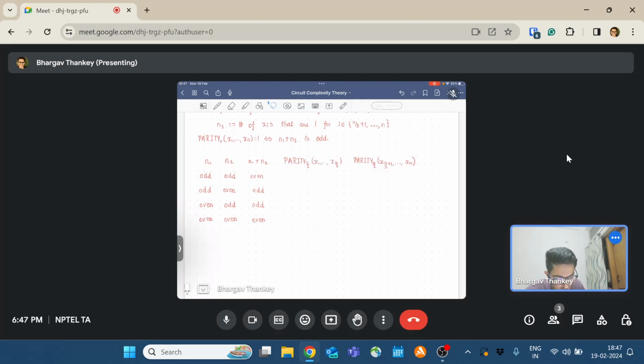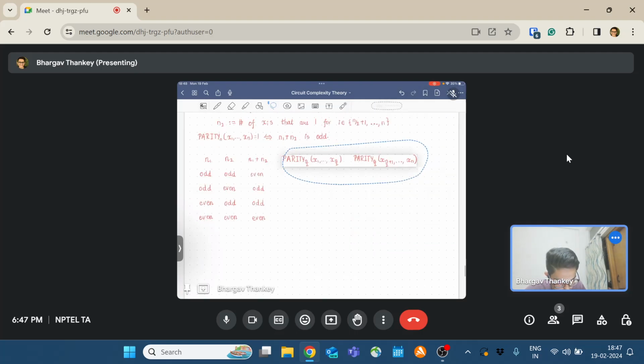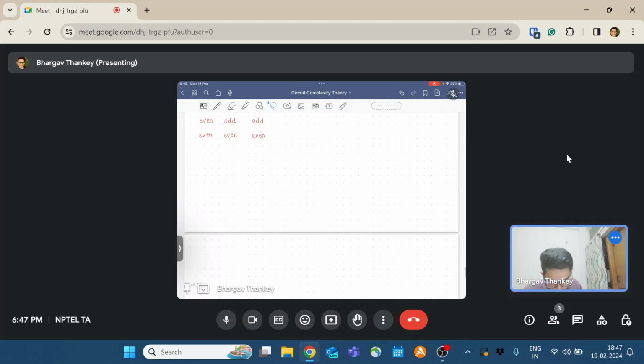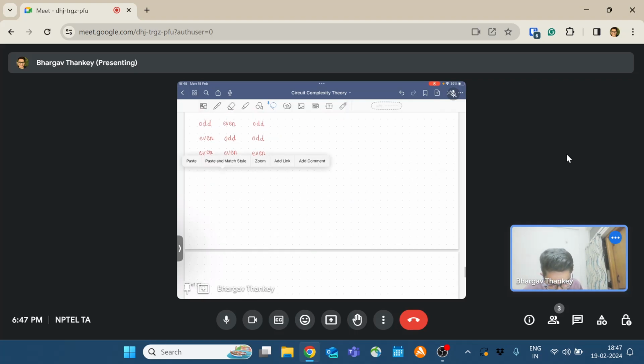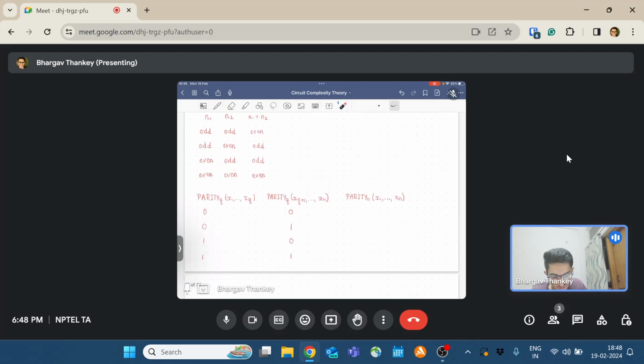Yeah, this looks okay. Let me move this to the next page. Okay, so what we want to do is from this table, we want to construct this table, right?